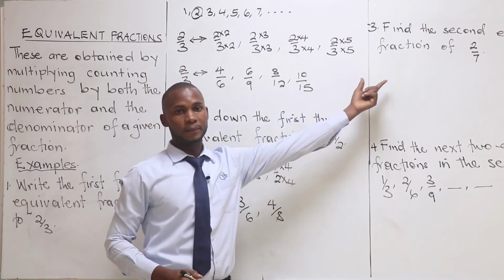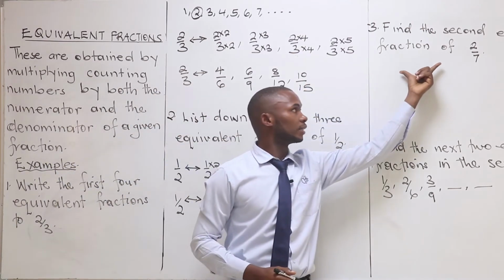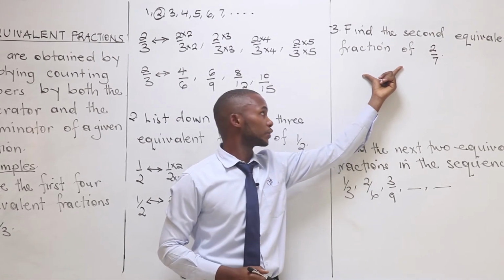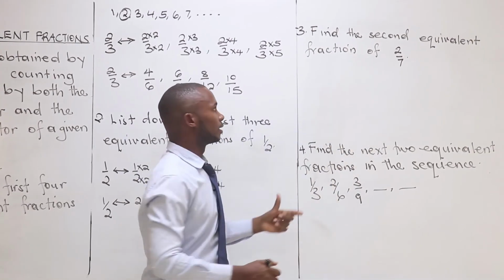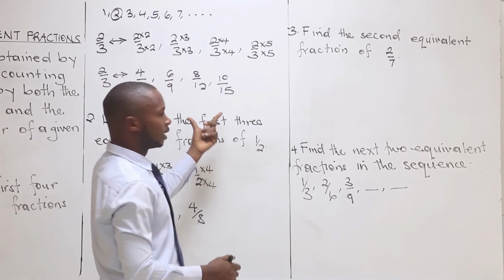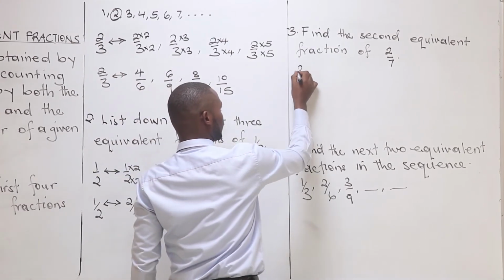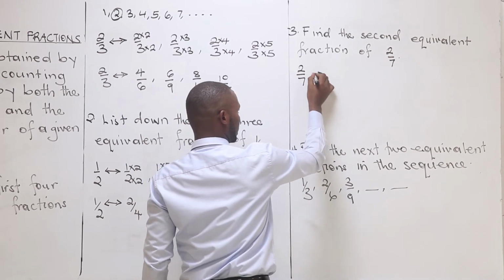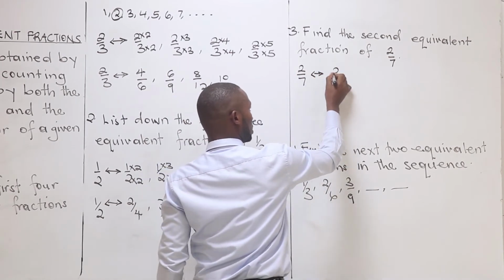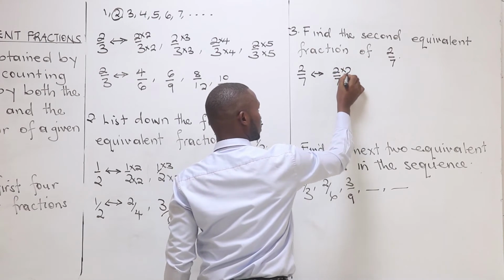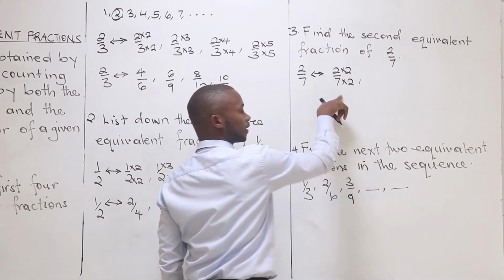Then when someone asks you such a question, that find the second equivalent fraction of 2 out of 7. Still, we shall follow the same procedure and we just identify the second fraction. So if it is 2 out of 7, we shall say it is equivalent to 2 out of 7 times 2 times 2. This is the first fraction.